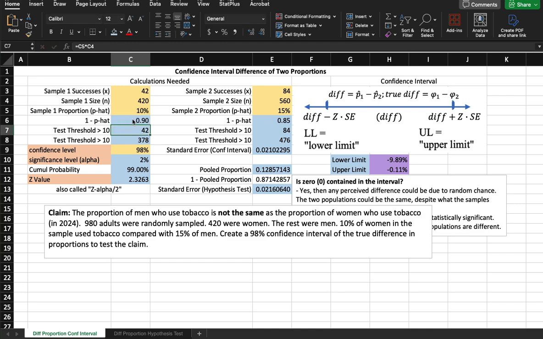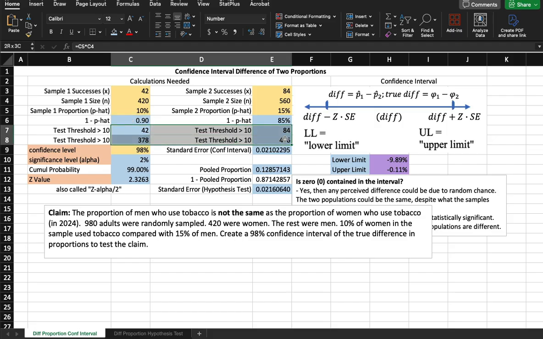Hit enter. And then in cell E6, that's equals 1 minus E5. And again, those are using cell references because those are going to be calculations that we can depend on going forward. Anytime we put in our p hat, the 1 minus p hat will get automatically calculated.